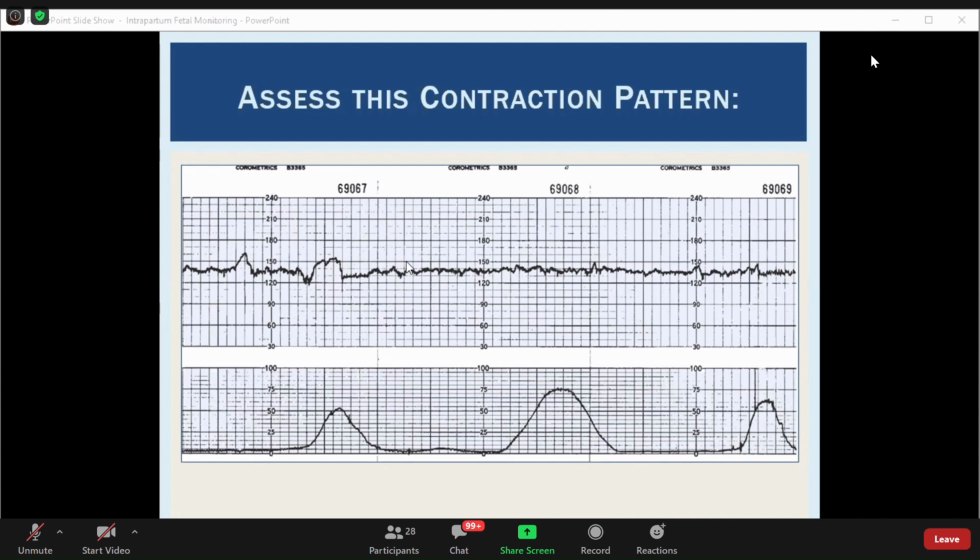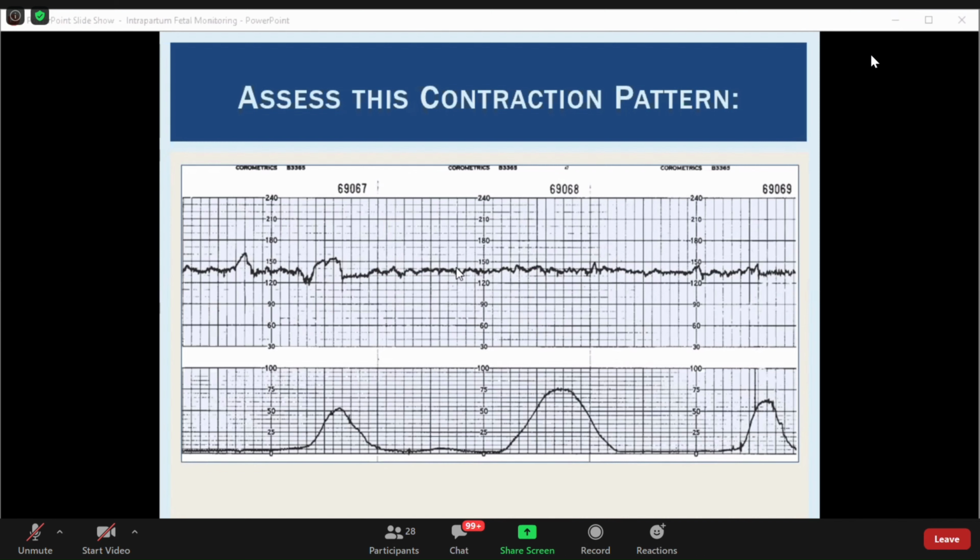So what would you say about this fetal heart rate? It's somewhere in the range between 120 and 150. So the fetal heart rate is within the range that you want it to be, okay? And it seems that it's accelerated with the contraction, can be or not?